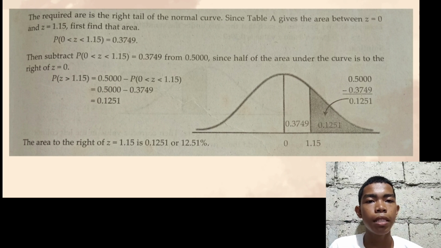So P(z > 1.15) = 0.5000 minus P(0 < z < 1.15) = 0.5000 minus 0.3749 = 0.1251. So the right tail of the normal curve would be 0.1251 or 12.51%.